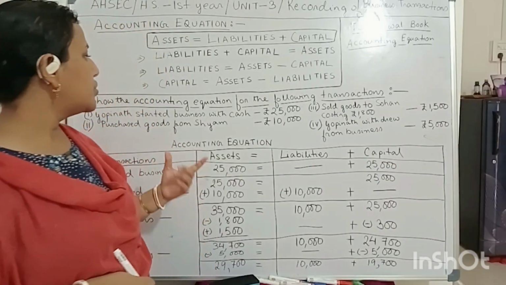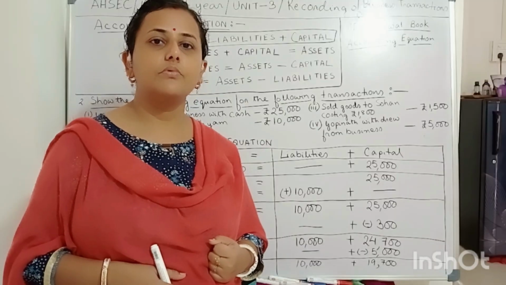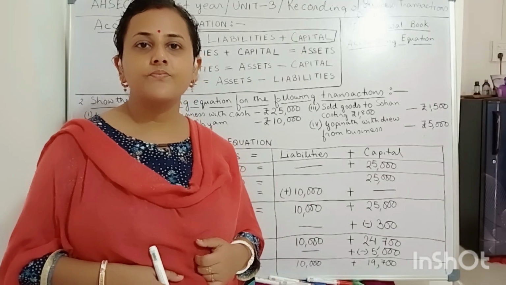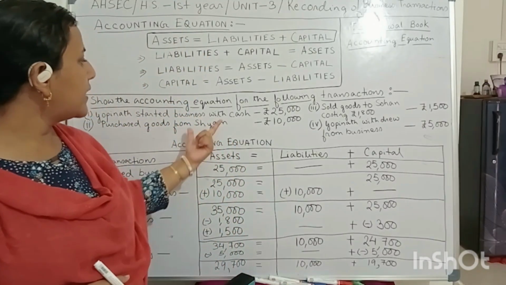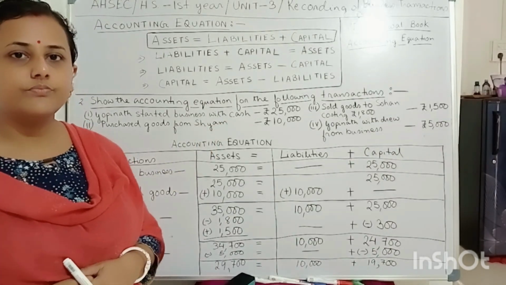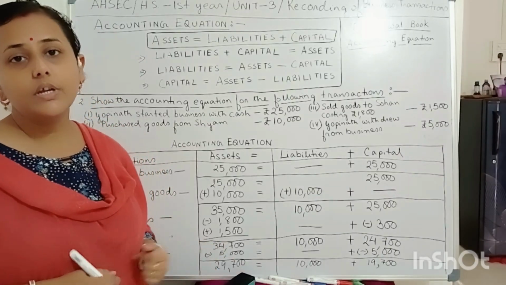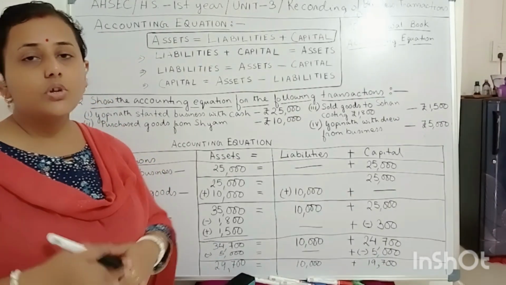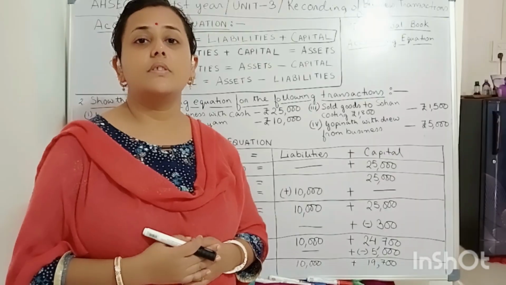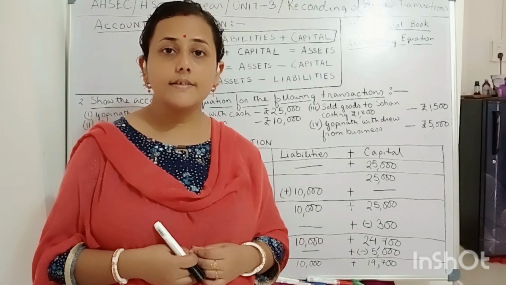Now come to the second point, purchased goods from Sham. Sham is a party from whom goods have been purchased and brought into the business. Since the name of the party is mentioned, that means it is a credit purchase of goods. And in a credit purchase of goods, you know, liabilities increase. Here goods come into the business, that means stock increases. Stock is an asset.